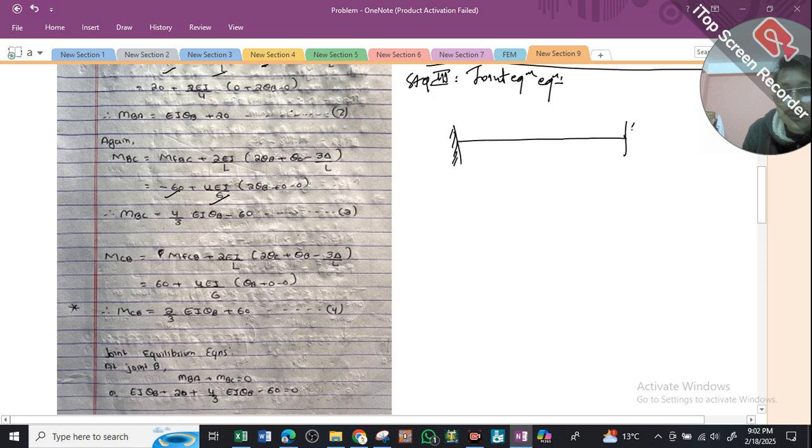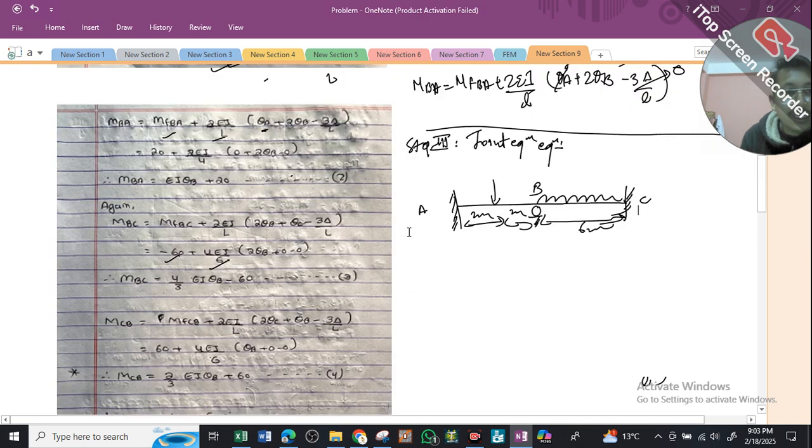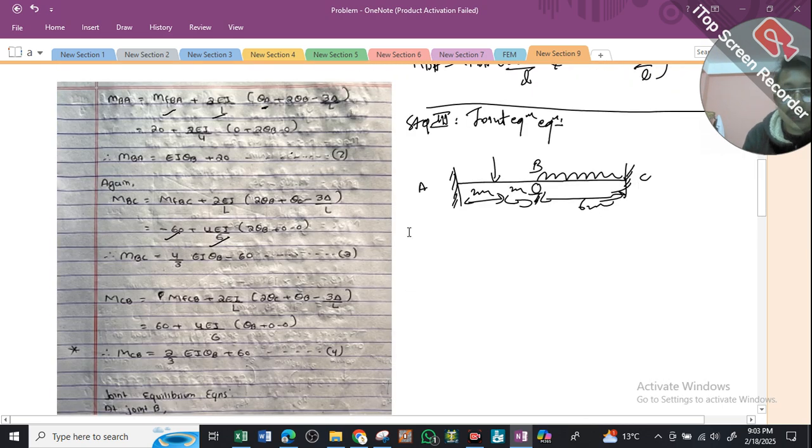We had a roller support here, we had a UDL, and we had a point load. 2 meter, 2 meter, this is 6 meter, with points B, A, C. We had the values as 20 and 40: 40 kilonewton over here and 20 kilonewton over here.